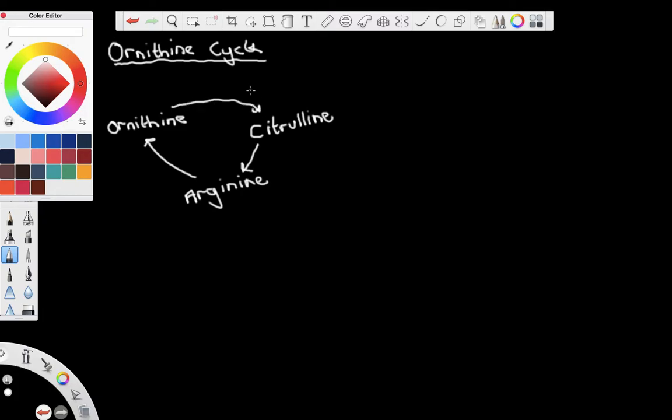Okay? So to convert ornithine into citrulline, we're adding ammonia and carbon dioxide to make water. So we're going to add our ammonia and carbon dioxide to form a molecule of water.